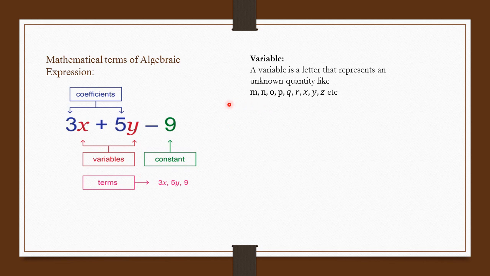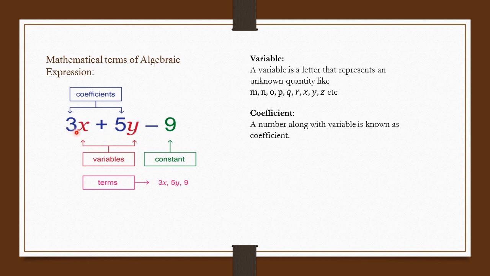A variable is a letter that represents an unknown quantity. It can be any alphabet: a, b, c, m, n, o, p, x, y, z. You can denote a variable with any alphabet. Coefficient: a number along with a variable is known as a coefficient.